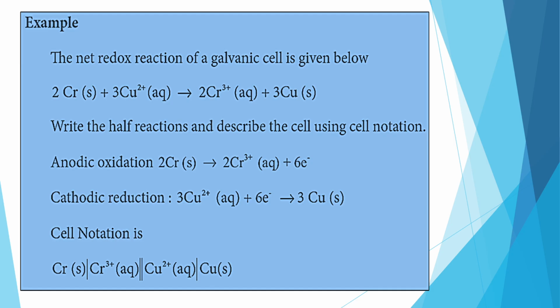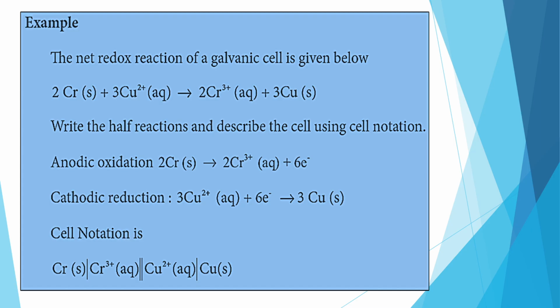Now look at this. This is just an example of what kind of questions may be asked from this particular section of the lecture. The question is: if the net redox reaction of a galvanic cell is given below, that chromium is converted to chromium 3+ and copper 2+ is converted to copper, then what will be the cell notation?